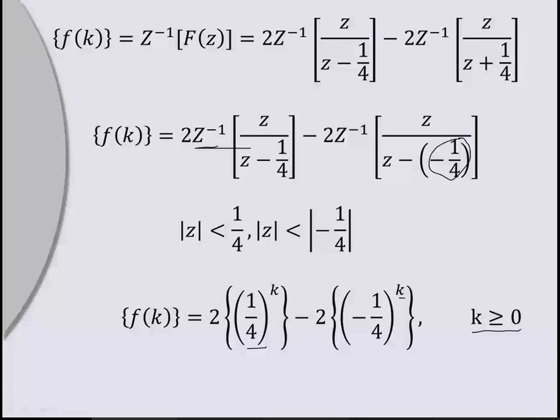So what to do in a difference equation? Firstly, take the z transform on both sides, then use the formulas of z transform, f of k plus n and f of k minus n. Both these formulas are very, very important.